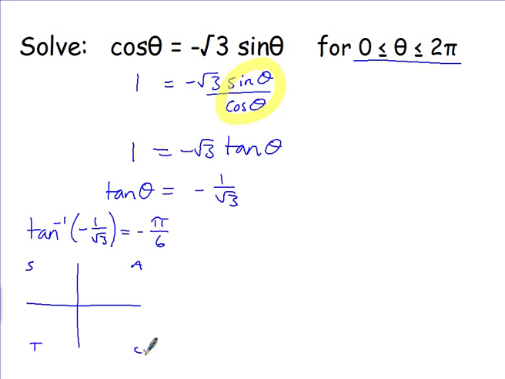So minus pi over 6 will be down here in the fourth quadrant. Now our values of theta have to be between 0 and 2 pi. So actually minus pi over 6 isn't a valid solution.